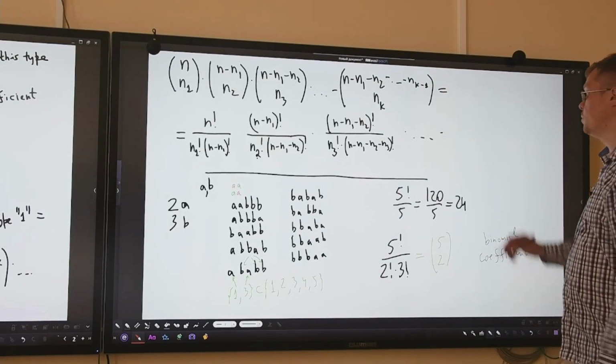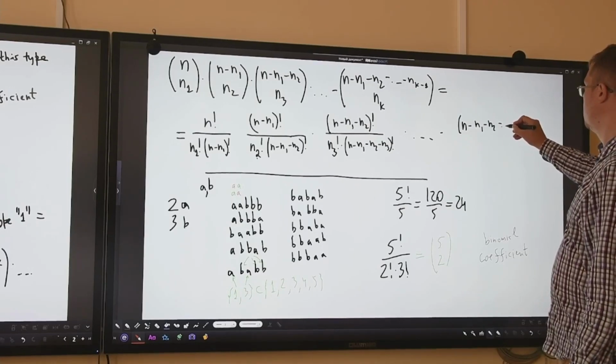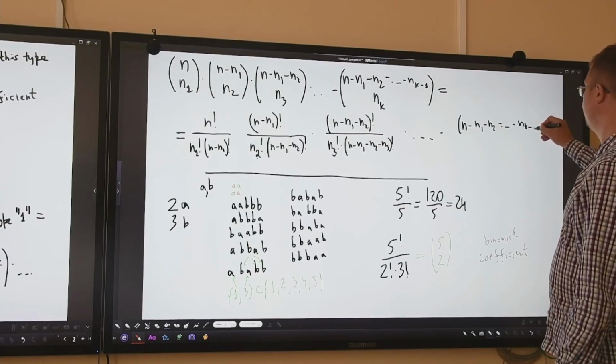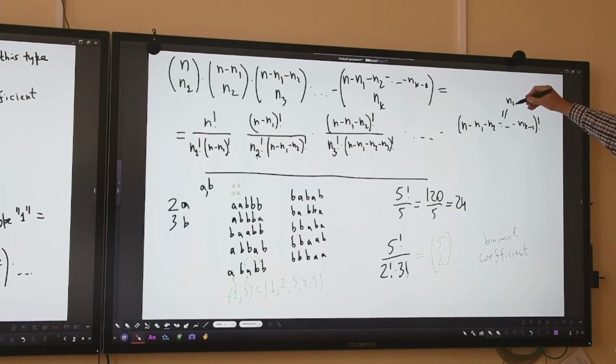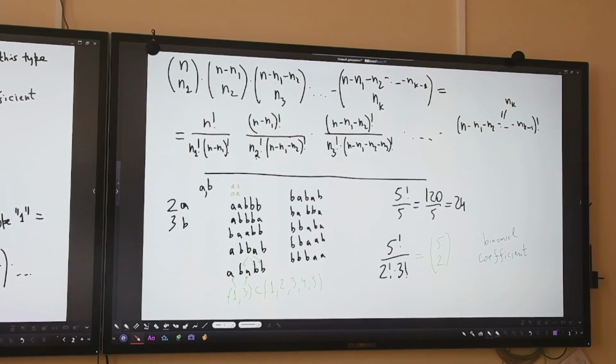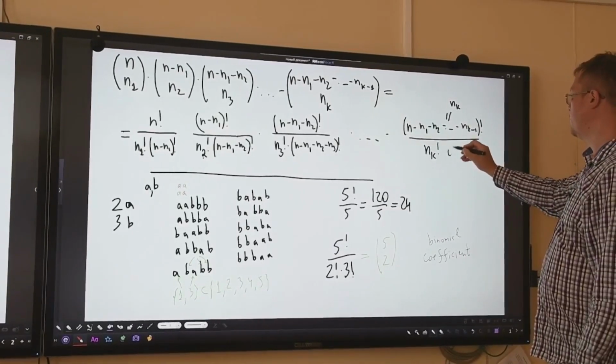And the last one will be n minus n1 minus n2 minus etc. minus nk factorial, but we know that this is equal to 0 because the sum of these n's is equal to n. So we will have nk factorial and 0 factorial.